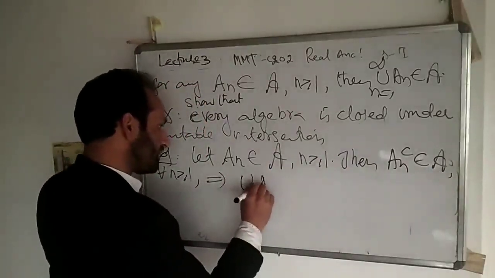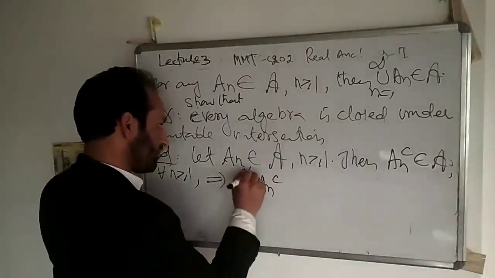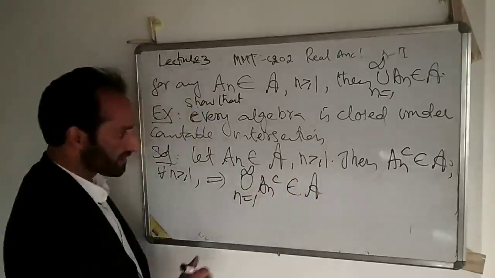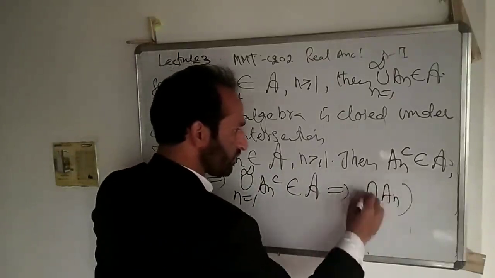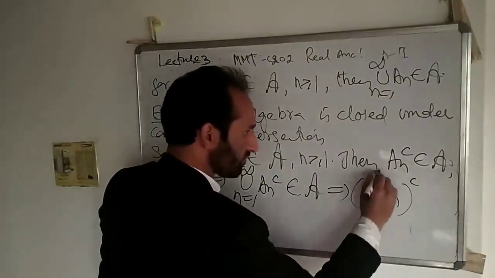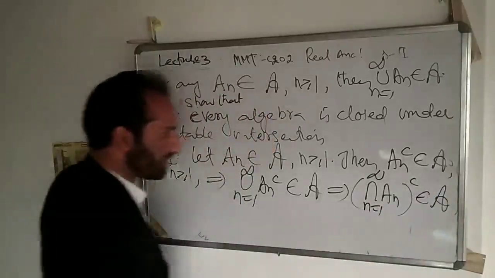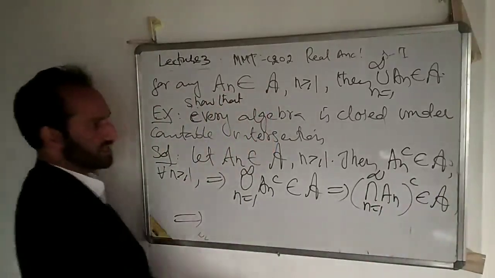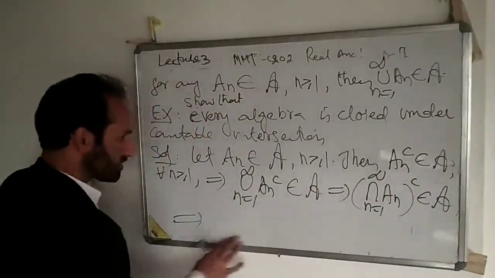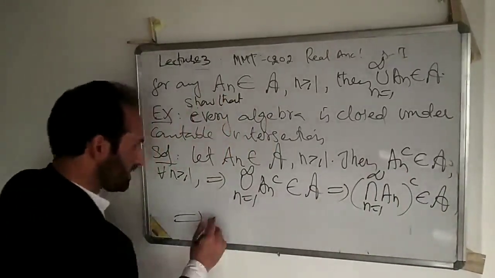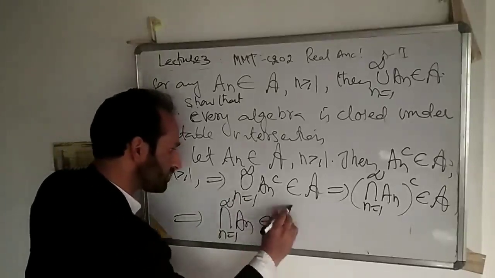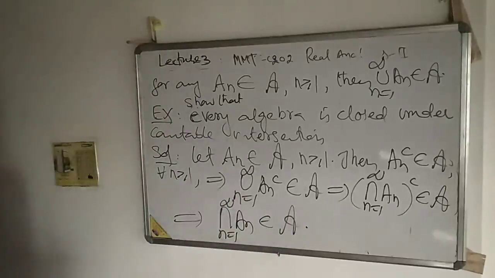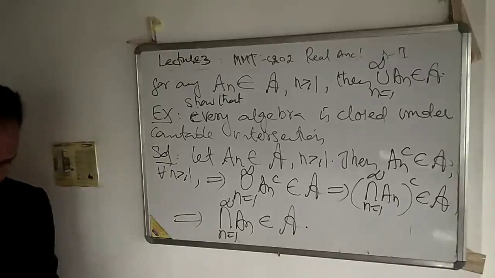That means the union of A_n complement, n runs from 1 to infinity, belongs to A. Now apply de Morgan's law: the complement of the intersection of A_n, n from 1 to infinity, belongs to A. Since A is closed under complementation, the complement of this set also belongs to A, which is the intersection of A_n, n from 1 to infinity. So thus A is closed under countable intersection.